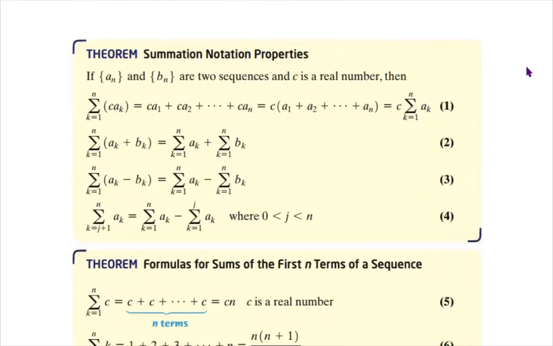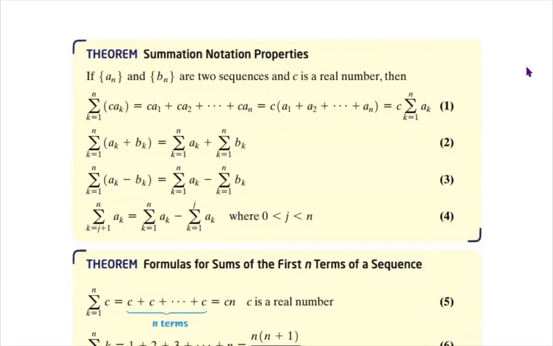All right, so we have a few theorems using the summation notation properties. So first thing, if you have a constant c, you can pull it out of the summation.